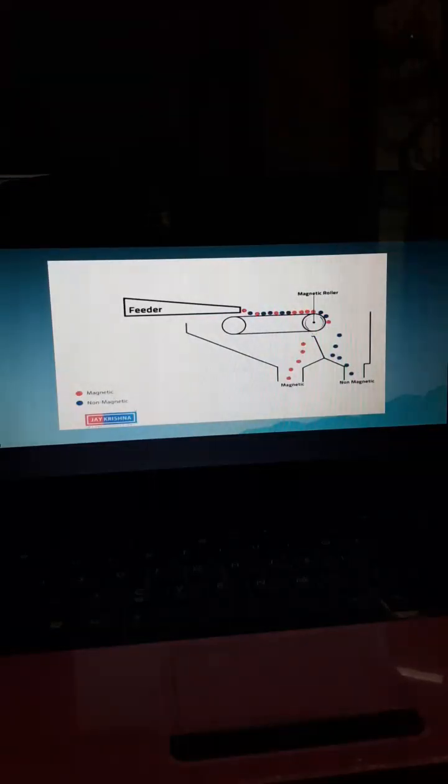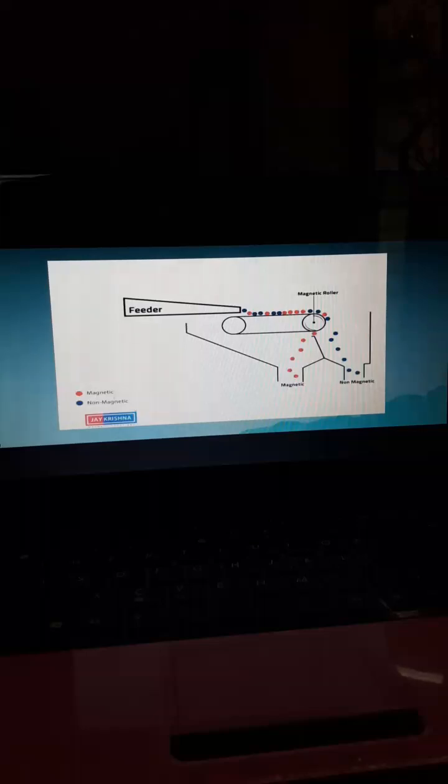Now what are you watching here? Observe carefully what's happening. Here is a magnetic roller. Two types of substances are rolling on this roller.